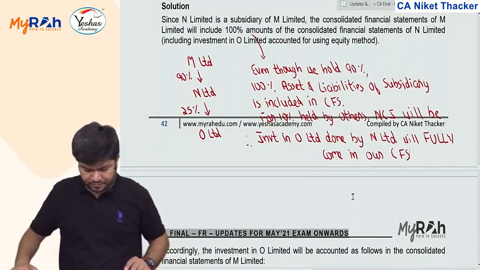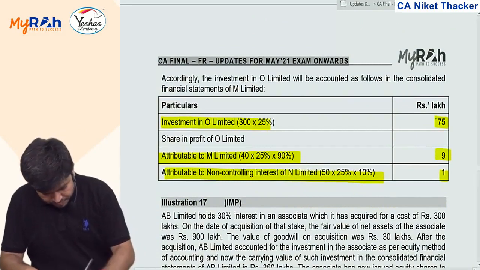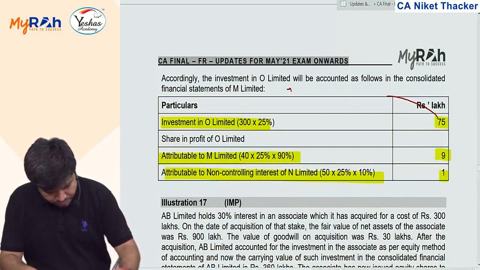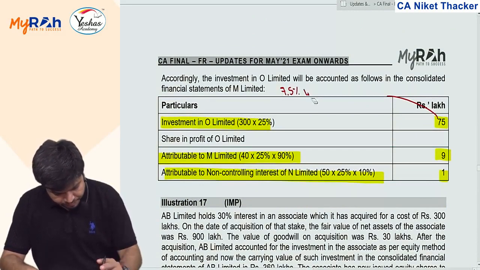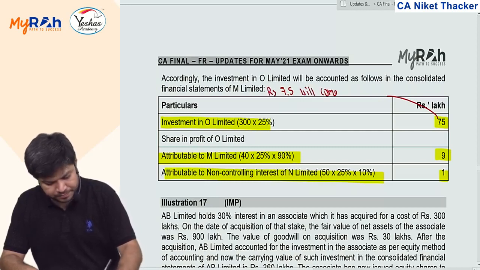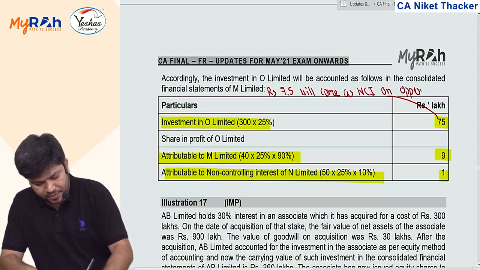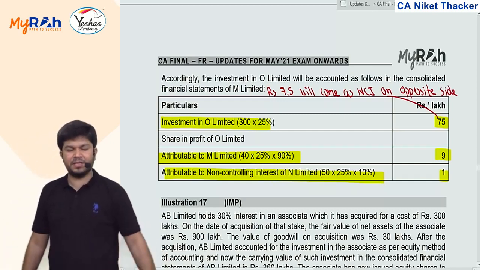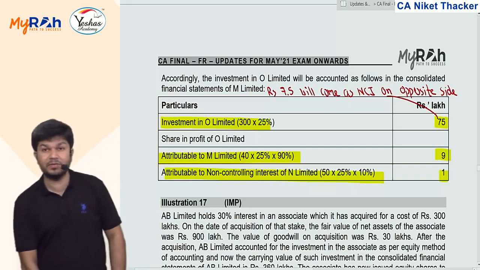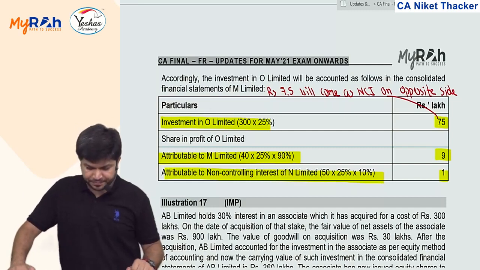It will come as 75, and 7.5 will come as NCI on the opposite side. Their full asset comes: 300 into 25% is 75, and from that 10% opposite is NCI.